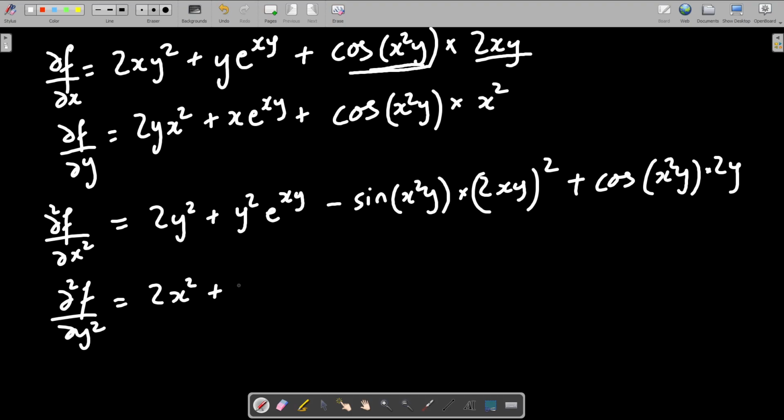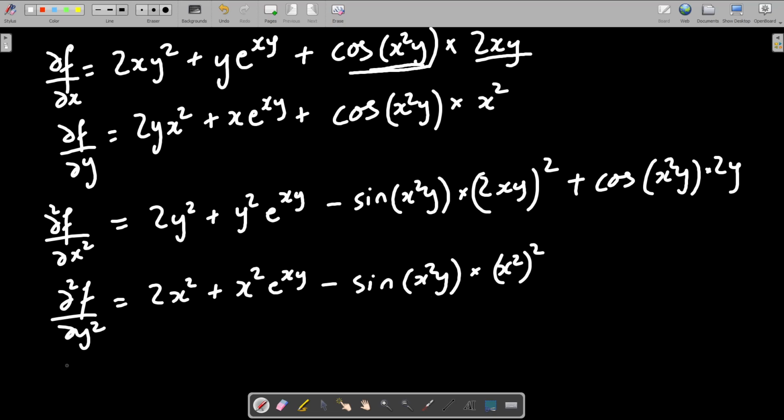Repeating this, we'll get another x². This is not a product of two functions because there is no y term involved in the second part, right? So it's only one term of y. So it's going to become the derivative of cos, that's going to give you minus sine of x²y into x² the whole square, that's x⁴.